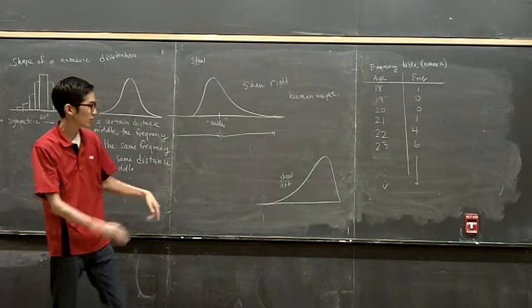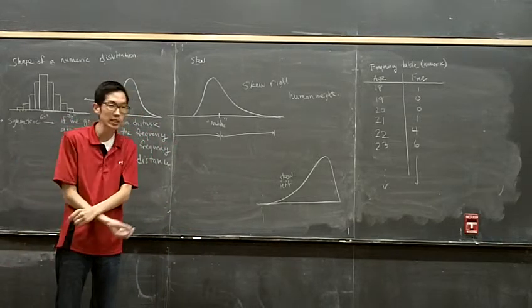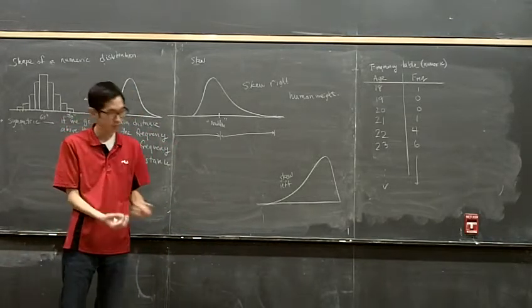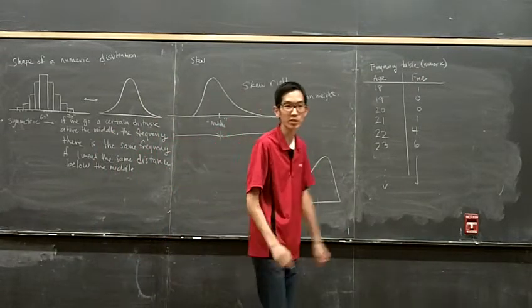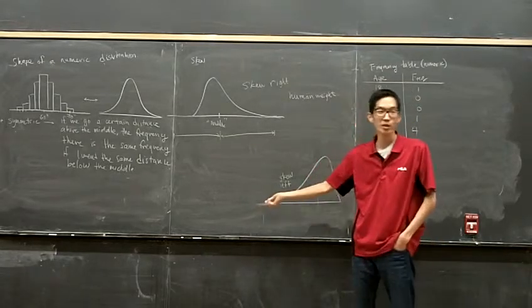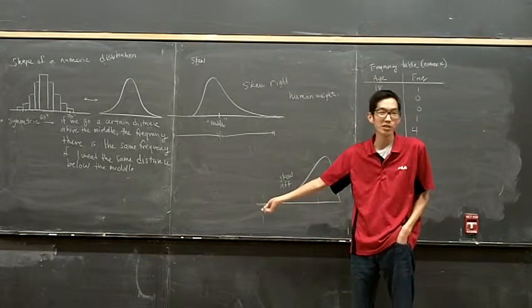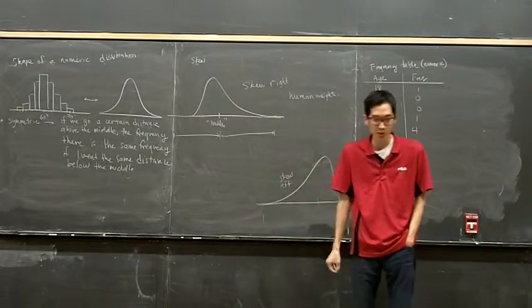Skew left, it's just the opposite. This could be something like test scores. Maybe average for an exam is like 80% or something, and you'll have people who score maybe like 30% on an exam, right? Way below average. Not a lot, but some people will score really low on an exam.